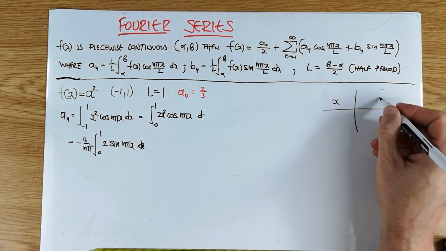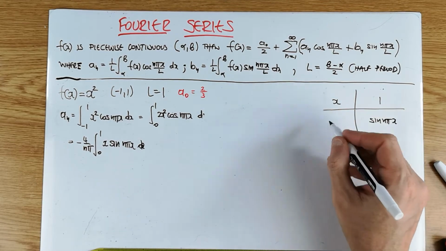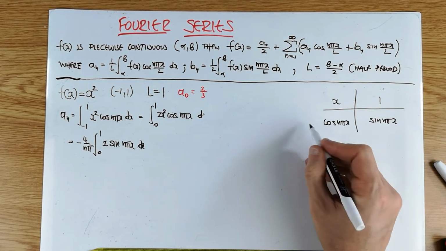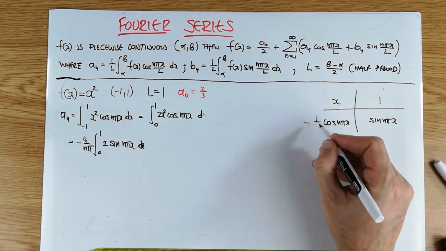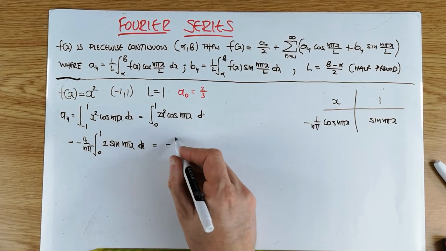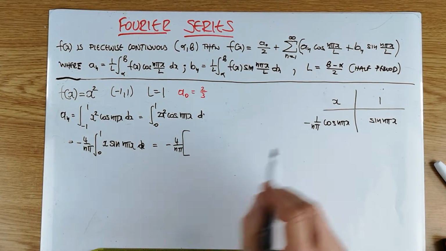X on the top left differentiates to 1, and the sine of n pi x comes from a differentiation of a cos n pi x. Cos differentiates to a minus. He also will produce a 1 over n pi. So this now will produce a minus 4 over n pi bracket.